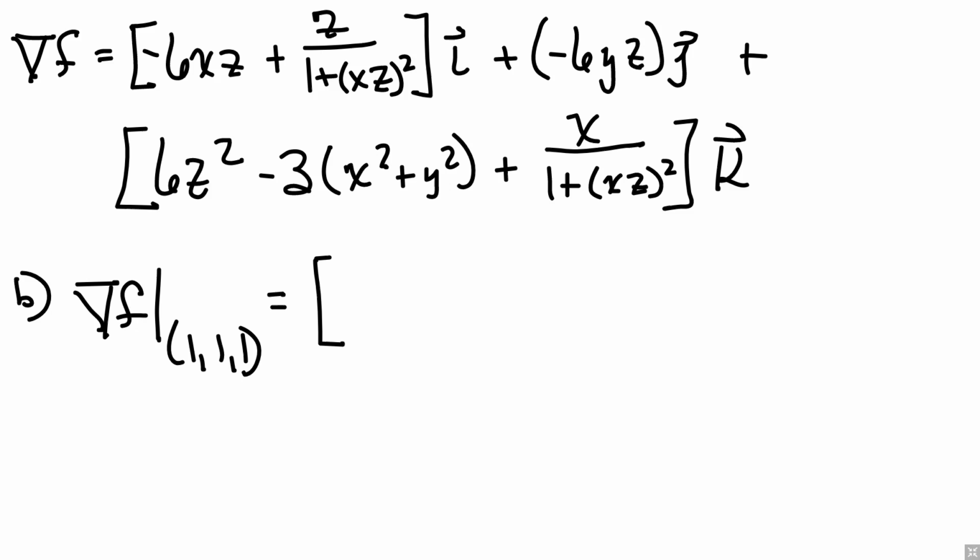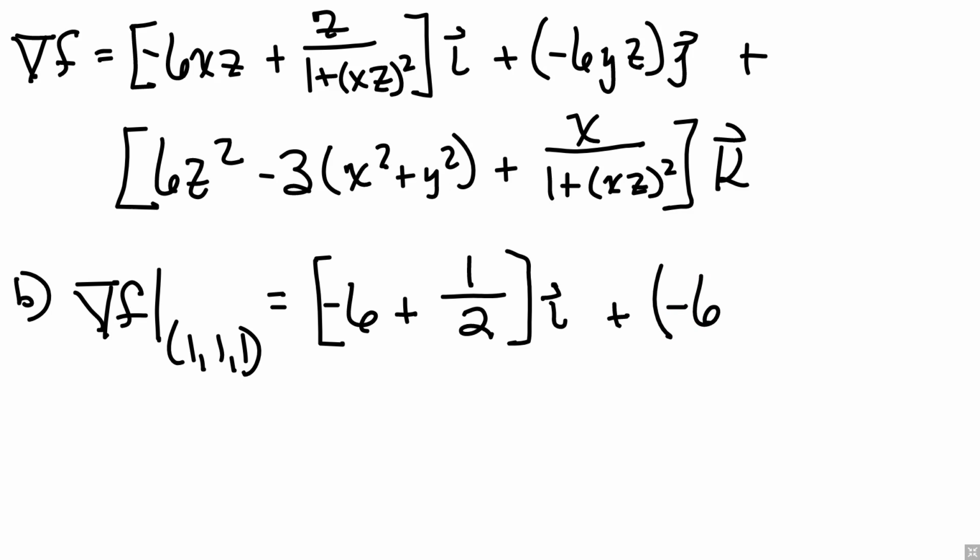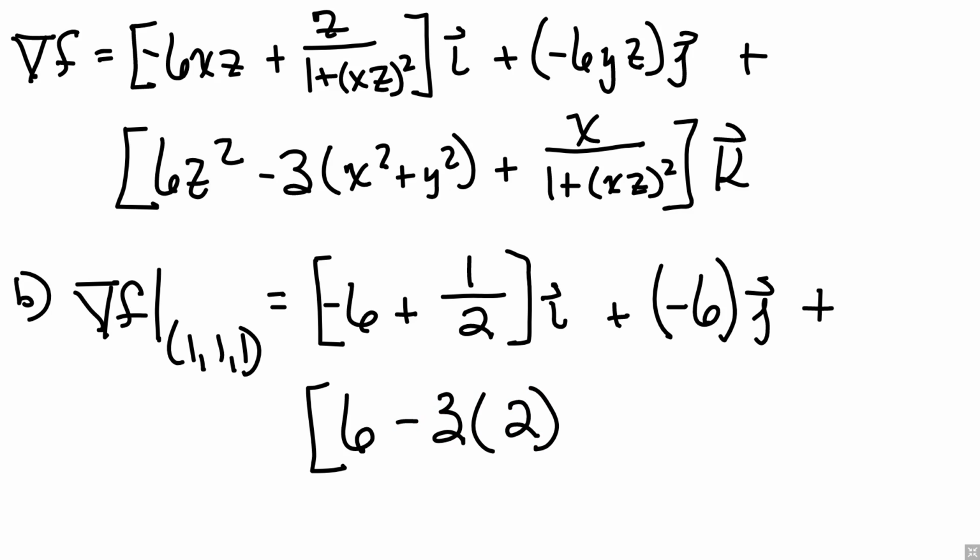For the first term, we're going to have negative 6 plus 1 over 2 in the I direction, plus negative 6 in the j direction, plus 6 minus 3 times 2 plus 1 over 2 in the k direction.